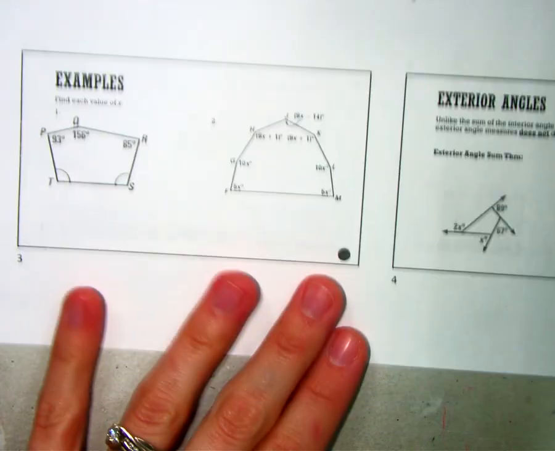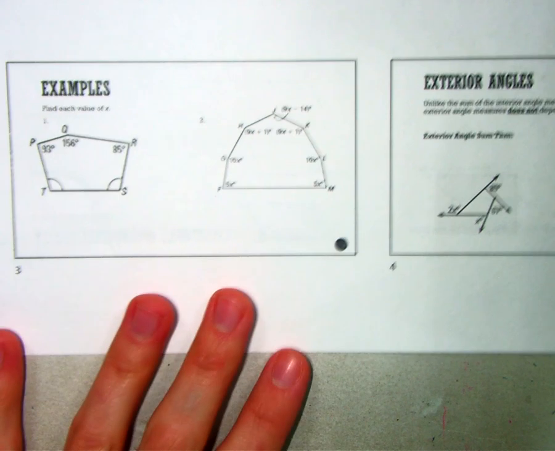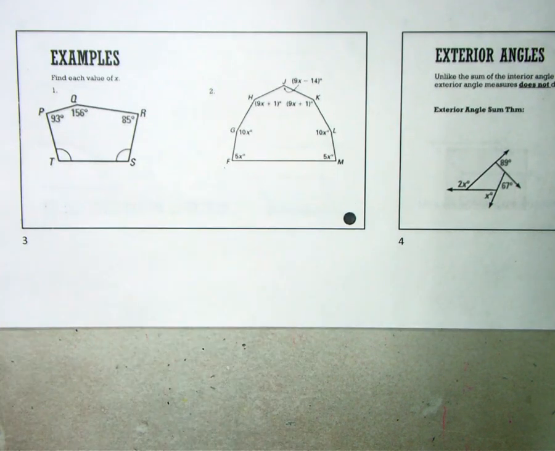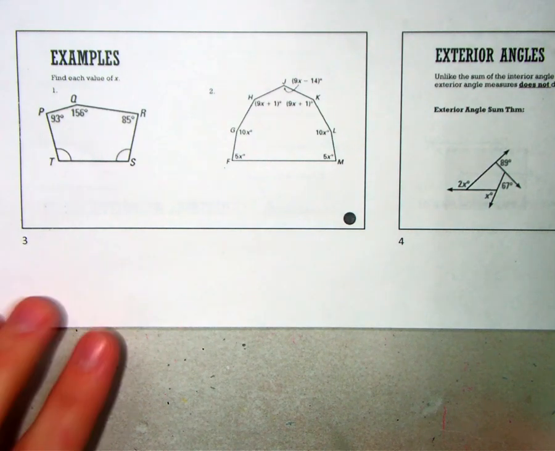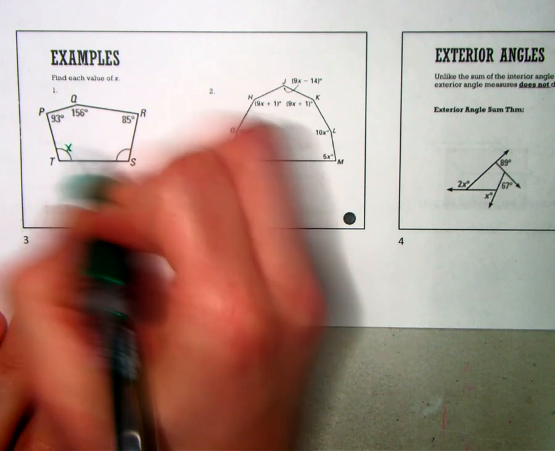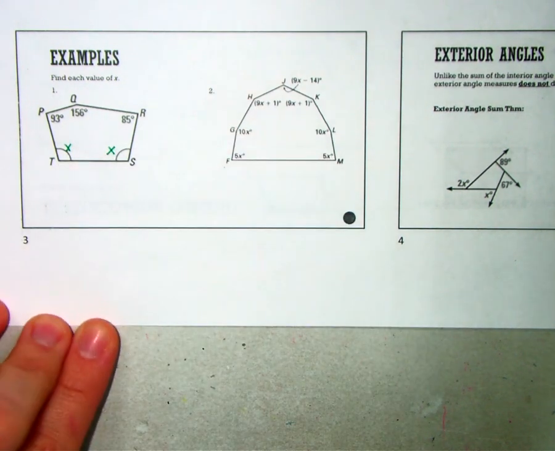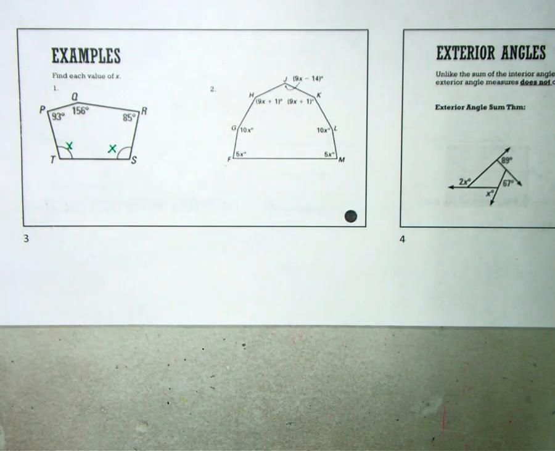How that's going to help us, I'm going to jump ahead a little bit. You might have a shape like this. Most shapes that actually occur in reality are symmetric. This one is not. Neither one of these are symmetric. But if we have a couple of angles and we want to know what other angle I need to have, so we have x here and x here, we want to be able to find those two.